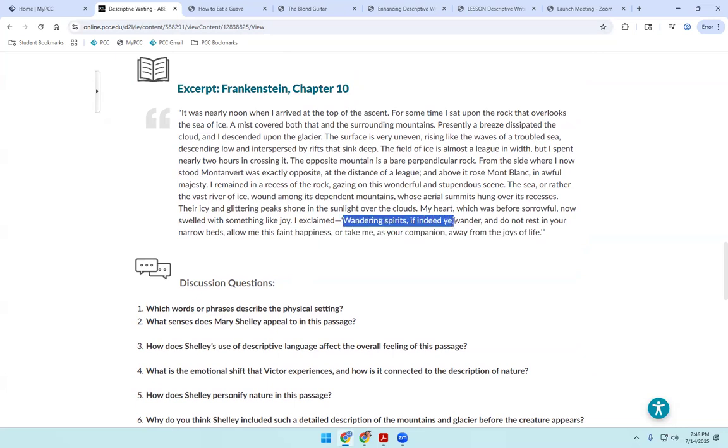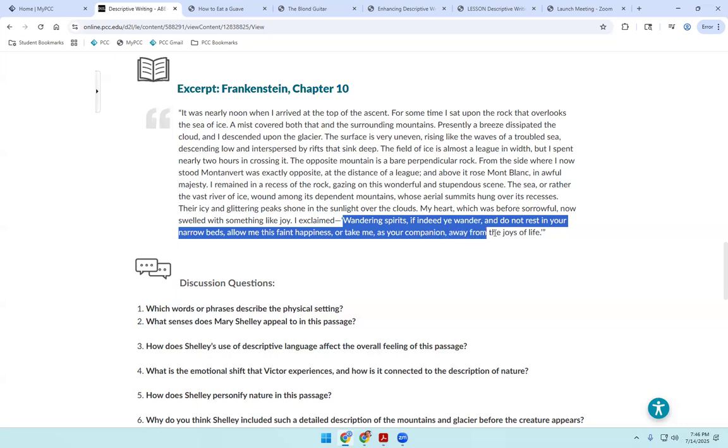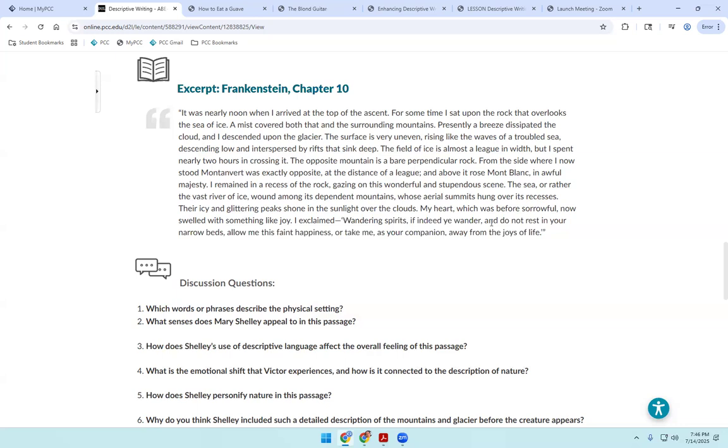Wandering spirits, if indeed you wander and do not rest in your narrow beds, allow me this faint happiness, or take me as your companion away from the joys of life. So, what do you think that means? Sounds creepy. Yeah, if you take me away from my joys of life. Right above that it says, my heart, which was before sorrowful, now swelled with something like joy.